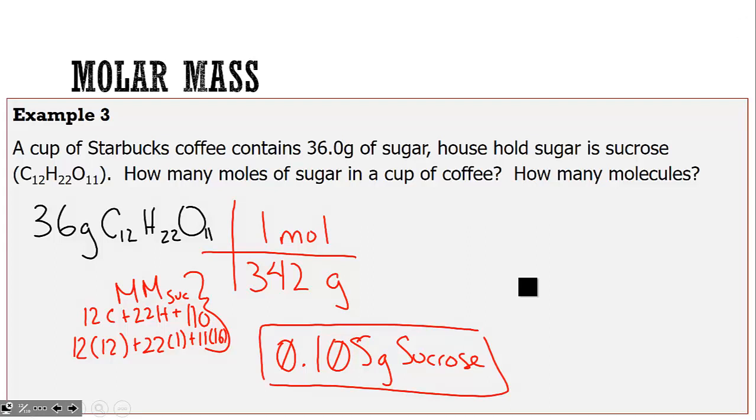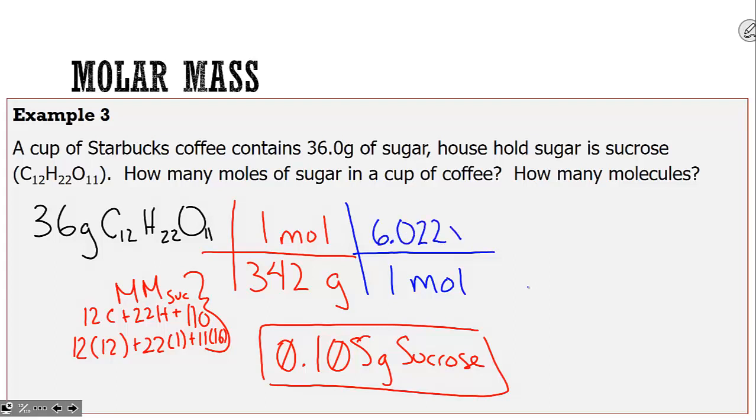If we wanted to convert that into molecules, we could actually expand this dimensional analysis out, because for every 1 mole, there are 6.022 times 10 to the 23rd molecules. And now moles cancel out, just as grams cancel out.